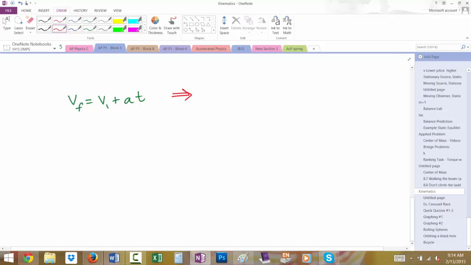Every time you see a V, you're going to write an omega. Every time you see an A, you're going to write alpha. Every time you see an X, you're going to write a delta. And every time you see a T, you're going to write a T. So this is going to be omega final is equal to omega initial plus alpha times time.